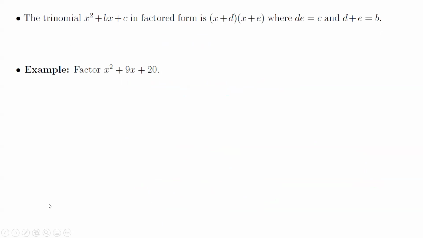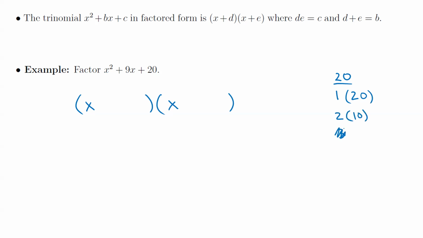Okay. So let's do another one here. Again, the process is, if this factors, it's going to look like this. The only way to break down the first term is x and x. X times x is x squared. There are multiple ways to make 20: 1 and 20, 2 times 10, and 4 times 5.